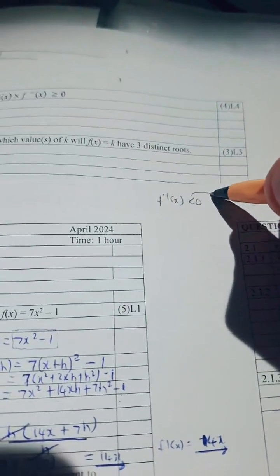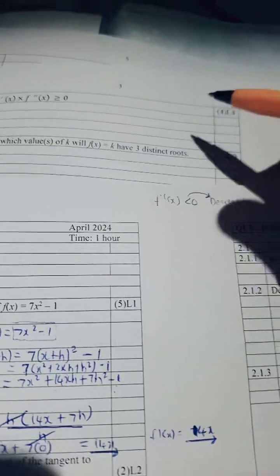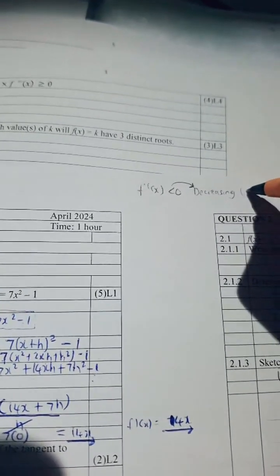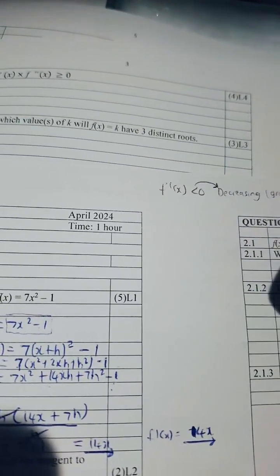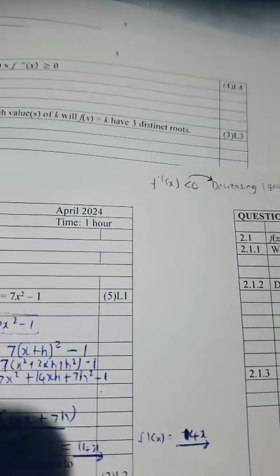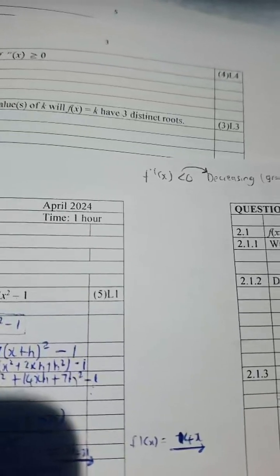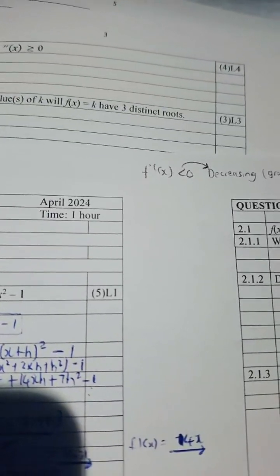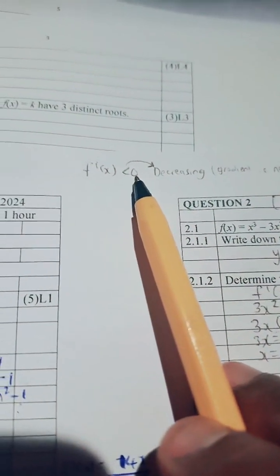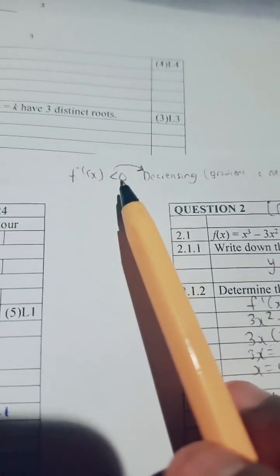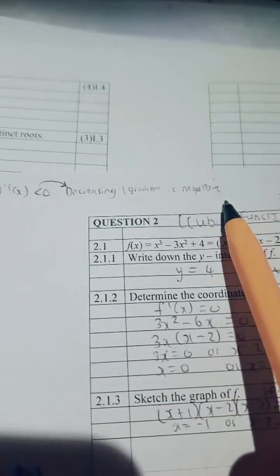Okay, decreasing. In other words, where the gradient is negative. Please, guys, this is very important. You are looking for where the gradient is negative, where the function is decreasing.